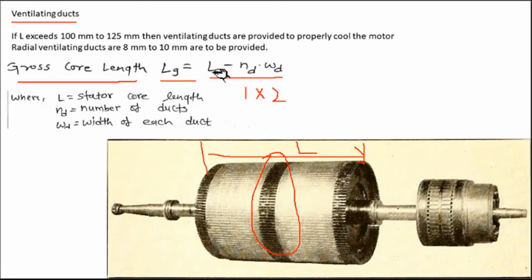So suppose L has 100 centimeter length, then the gross core length is 100 minus 2, which is 98. This is just for example. So because of ventilating ducts, your gross core length will change.